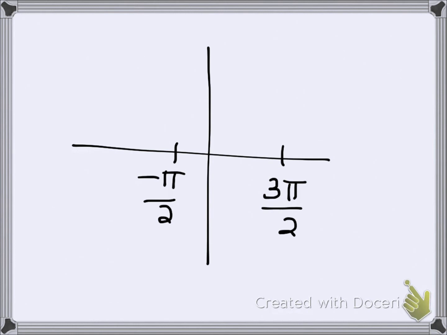So you have to remember that the amp was 4, so you go up 4, down 4, just to be sure. Now, graphing the sine curve, it always starts at 0, you go up the amplitude, back down to 0, down the amplitude, and back up.